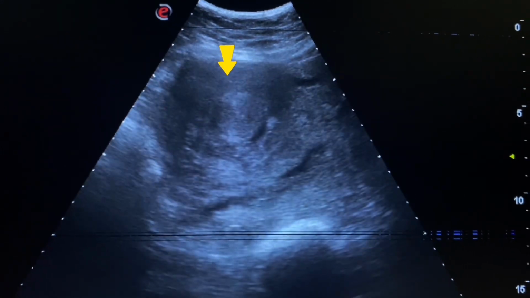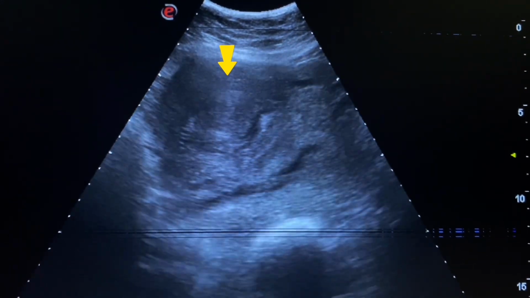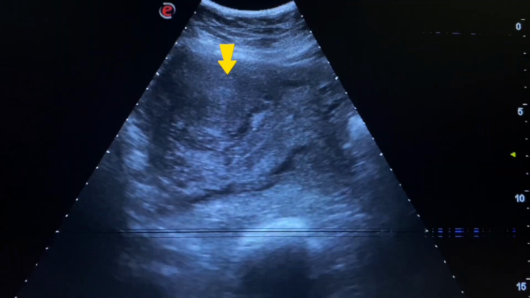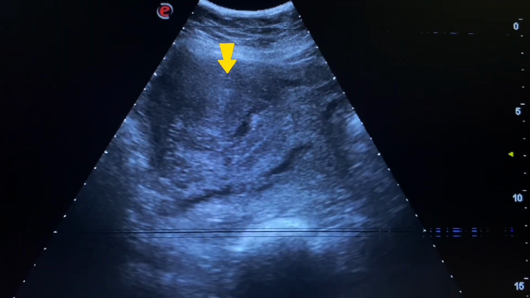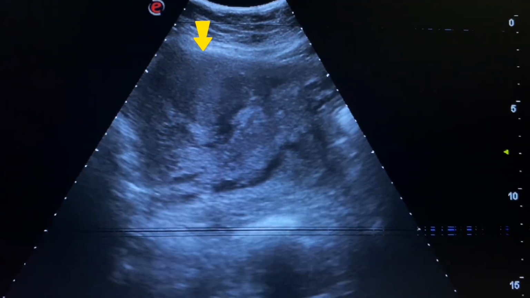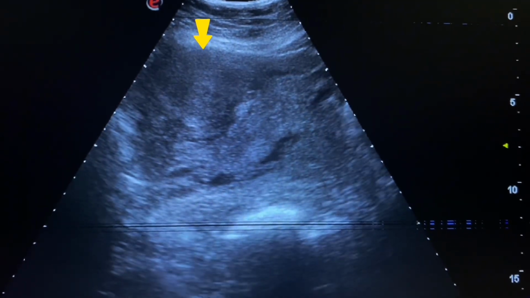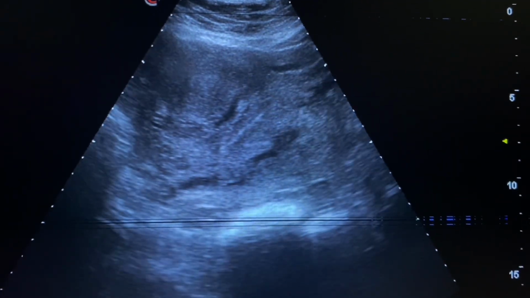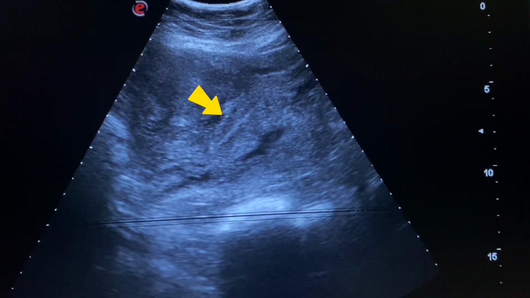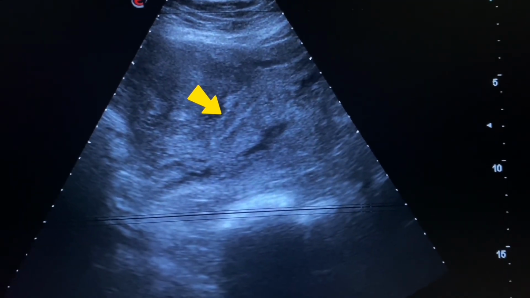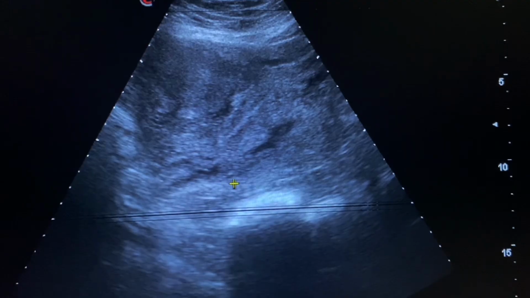Here we see another heterogeneous mass in the fundus of the uterus. This mass lies in the anterior wall of the myometrium. Here we see the endometrium as a thin line.